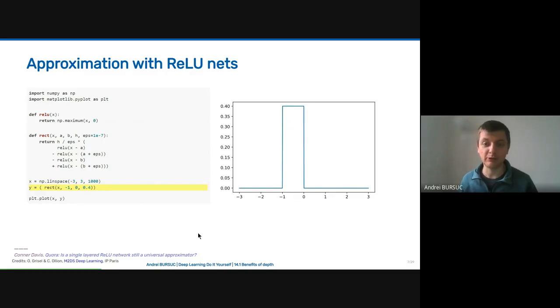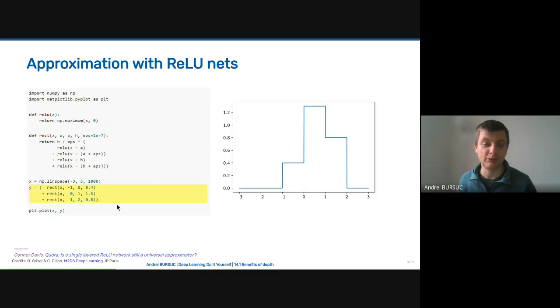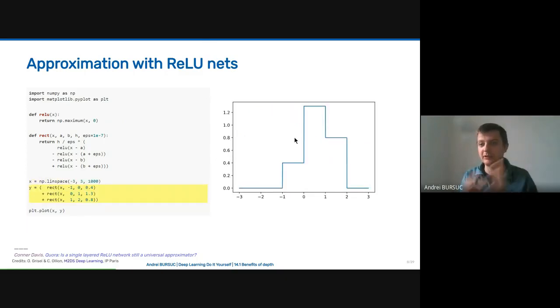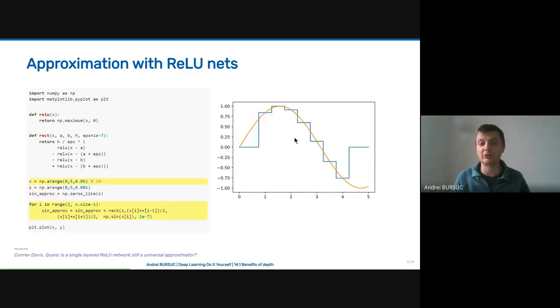So we can go even further. We can find other mechanisms of combining these rectangles, and we can see that we have changed the shape of our output function, right? Here I'm just showing how we can deform this rectangle, but say that we want to approximate a sine.